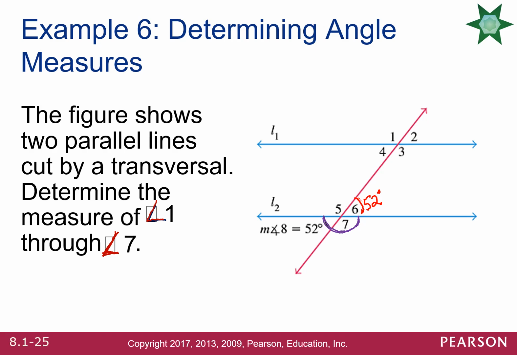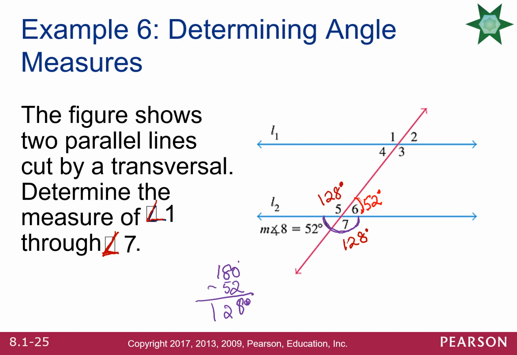So if we know that one of the angles is 52, then angle 7 would be 180 degrees minus 52 degrees, that's 128 degrees. So angle 7 has a measure of 128 degrees, and immediately you know that 5, being the vertically opposite angle, will also have a measure of 128 degrees.